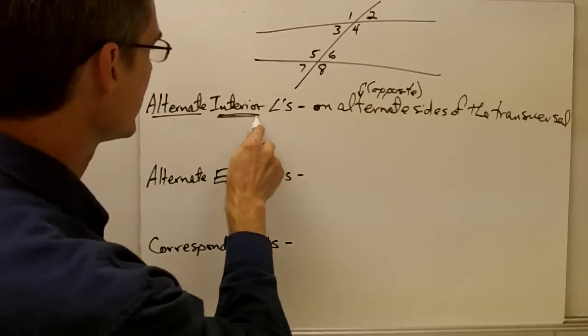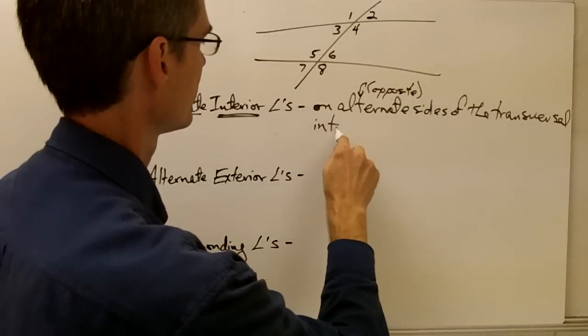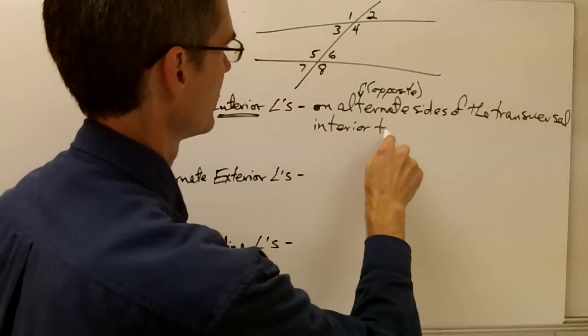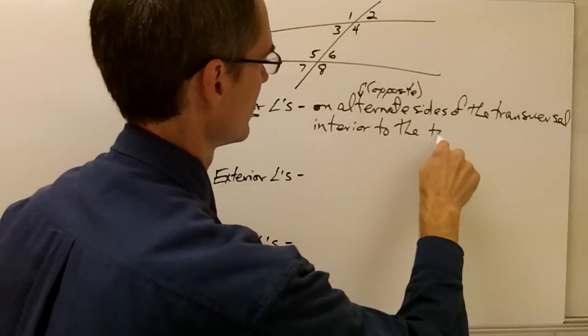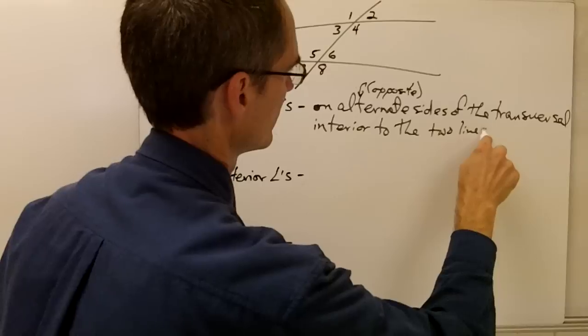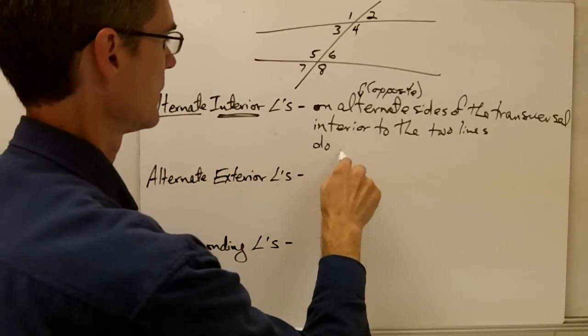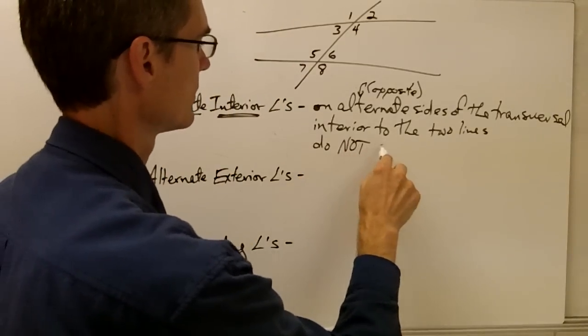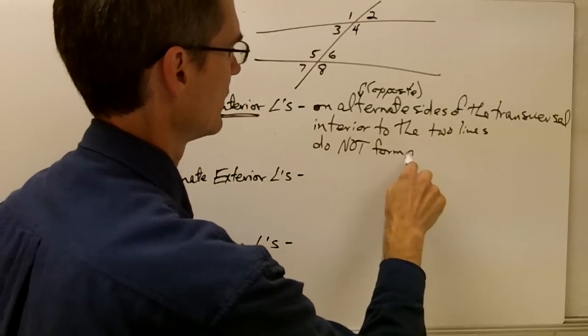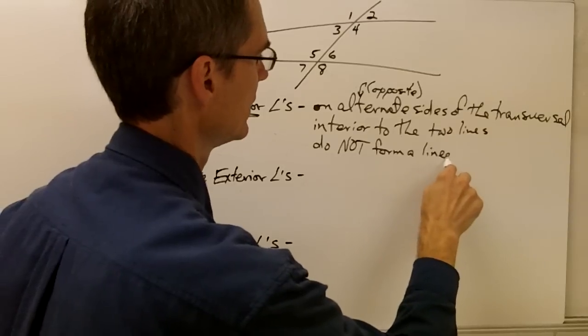They are interior to the two lines. And once again, do not form a linear pair.